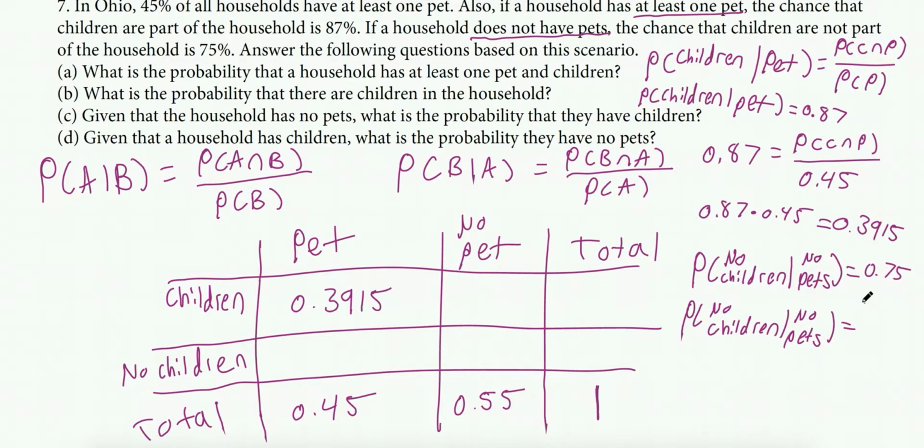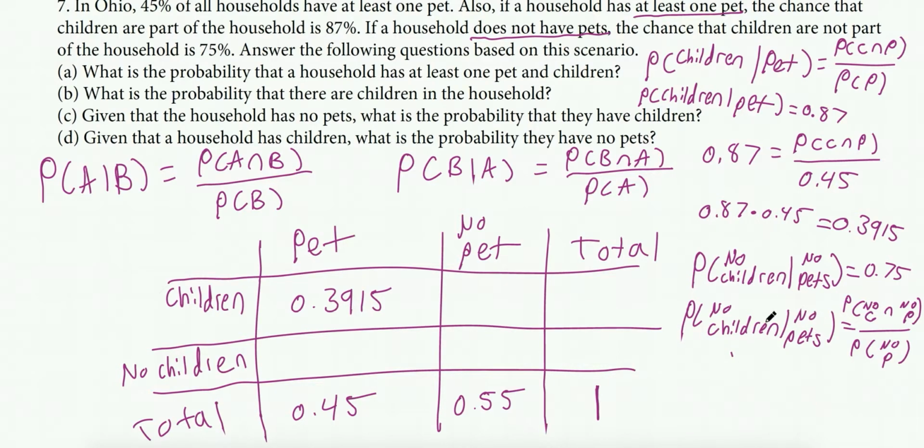So the probability of no children and no pets, all over the probability of not having pets, so no P. And that's what we solved for down here, which is 0.55.